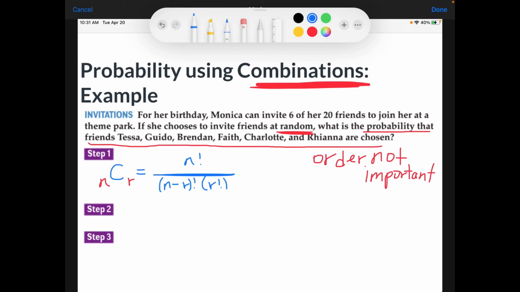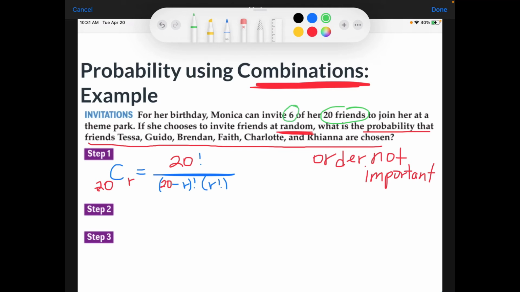Now, how many total friends does she have? She's got 20 total friends. That's the total number of objects in this case. So in place of n, we can replace it with 20. And how many friends can she invite at a time?